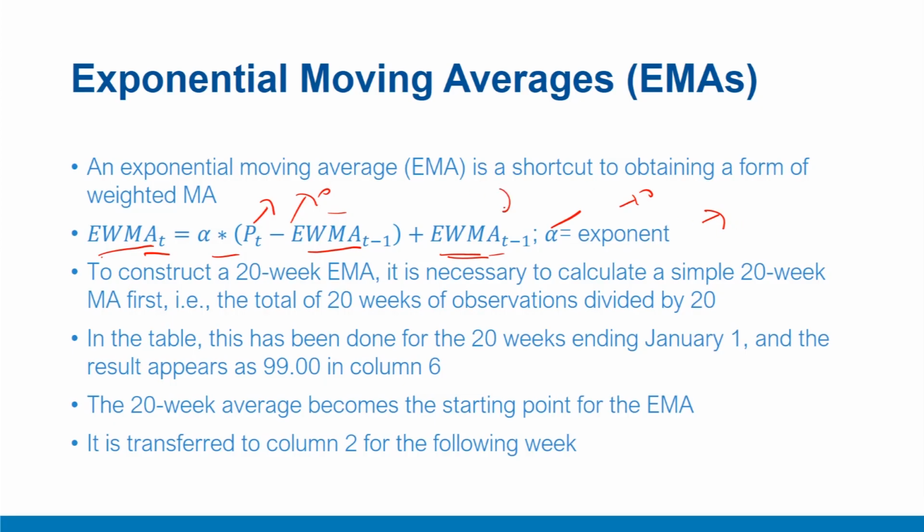However, if alpha is very large, tending to 1, then EWMA T minus 1 is cancelled and EWMA becomes PT itself. So all the weight is given to the latest price. This is a trade-off: how much weight you want to offer to the previous observation vis-a-vis the latest information. Let's try to understand this concept with the help of a simple example now.